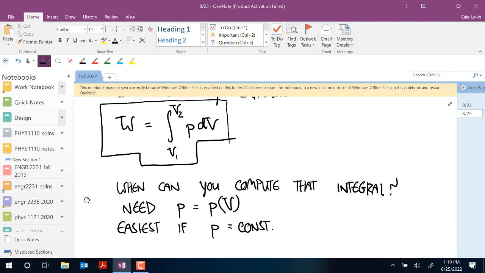So say that you're going from a volume of 0.1 cubic meters to a volume of 0.3 cubic meters. The gas is expanding. Pressure is atmospheric pressure the whole time. Well, you can pull the pressure outside of the integral, and then you just have that pressure times the difference in the volumes.